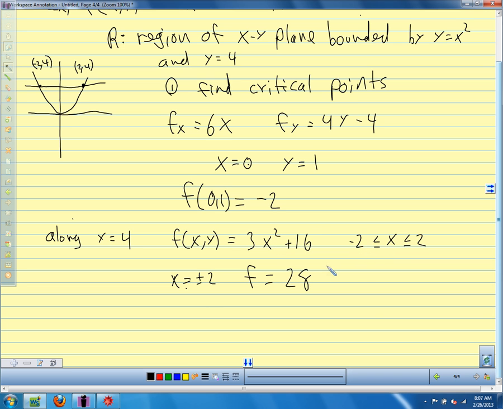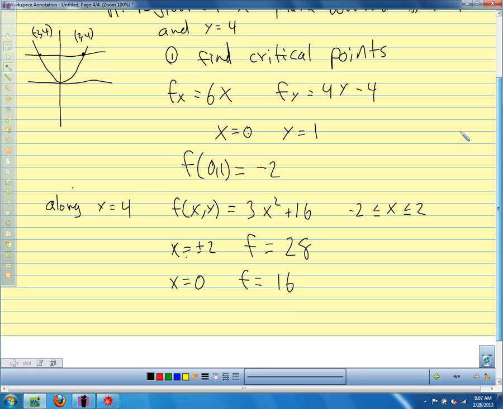X equals 0. So at x equals 0, my function value is 16. So along that boundary, we have these two function values to consider when we're looking for our maximum. Neither of them are below this. So far, this is our minimum.